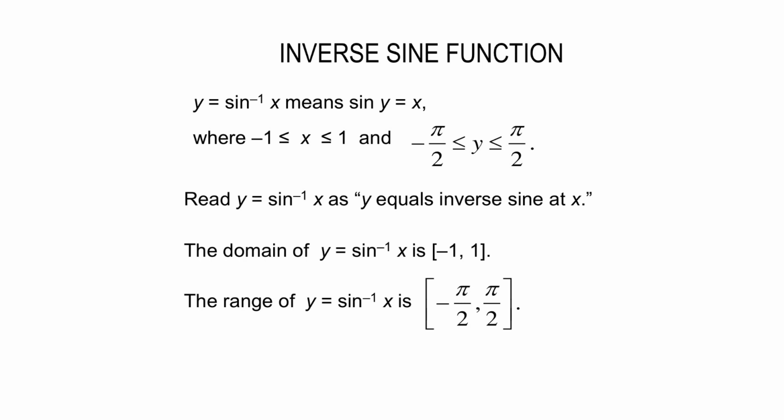Basically, we left it in the first and the fourth quadrants, where sine is positive here and sine is negative here. So we report our result, the arc sine of x. If we have a positive x, then we report it as being in the first quadrant. If we have a negative x, when we take the arc sine, we report its location as being in the fourth quadrant.